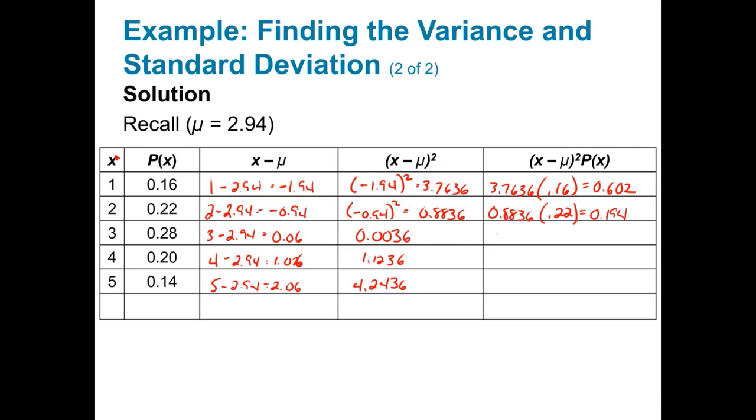So we keep on doing that. 0.0036 times 0.28, and we get 0.001. 1.1236 times 0.20, 0.225, and 4.2436 times 0.14, which gives you 0.594.